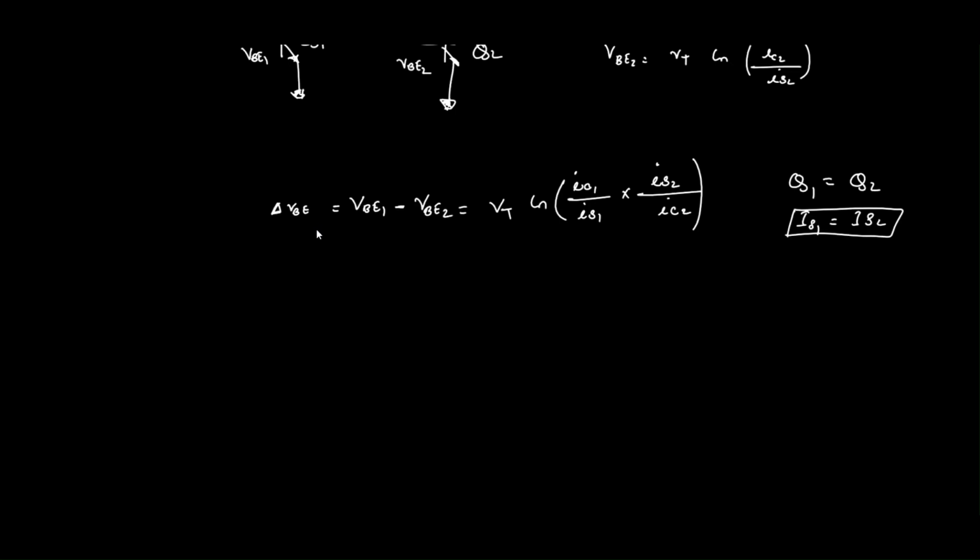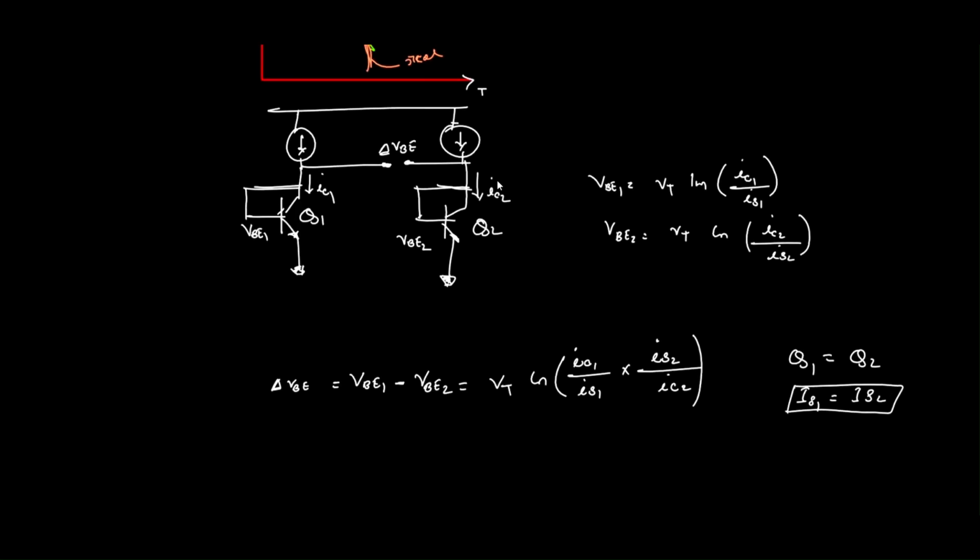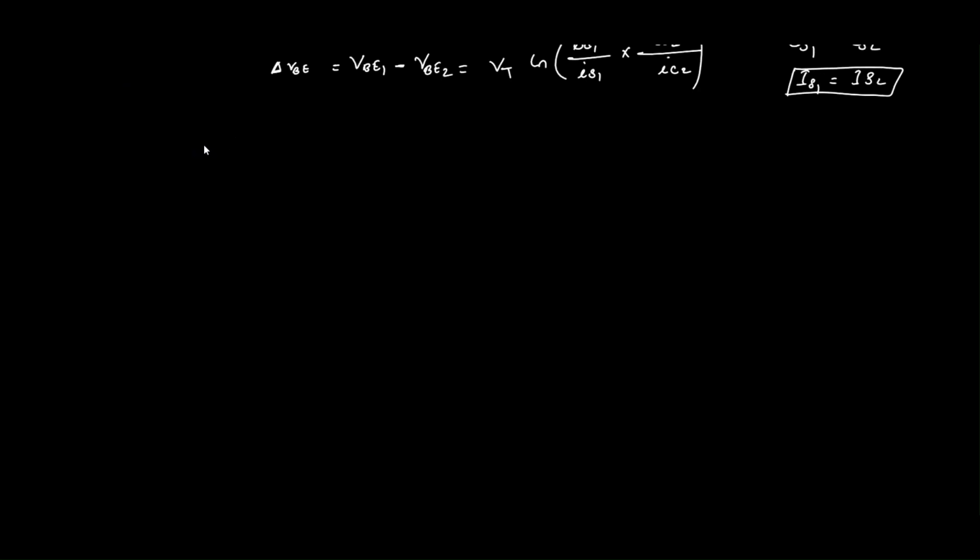So basically our target is to make some difference in voltage at this node. In case 1, IC1 is not equal to IC2, and IS1 is equal to IS2.